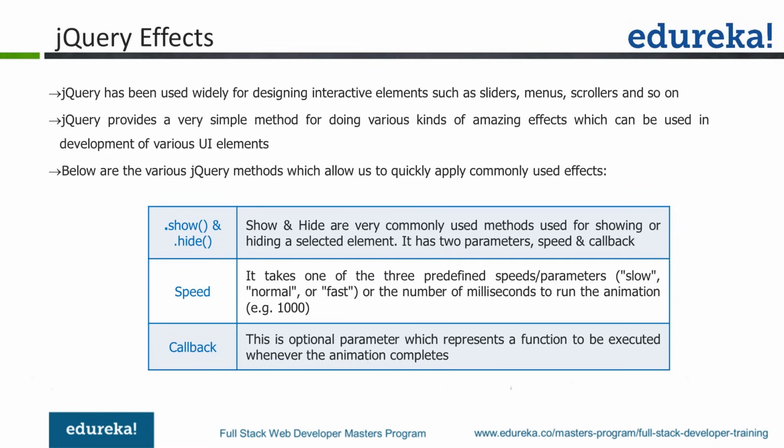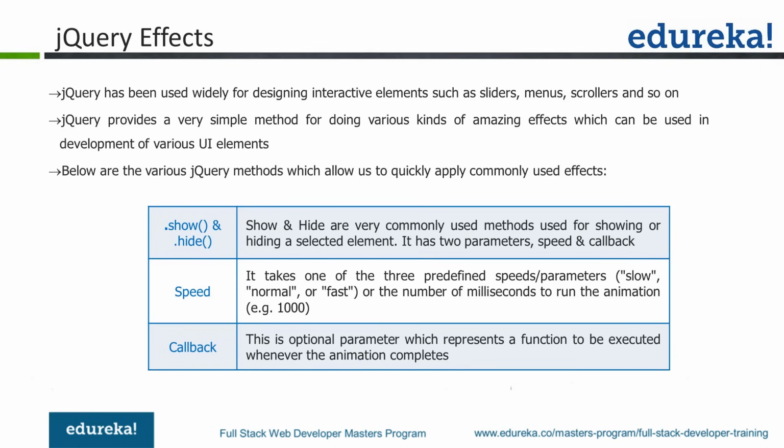Coming back, jQuery also provides us with a bunch of effects such as show and hide, which are used for showing or hiding the DOM elements. Of course you can remove elements, you can add elements, you can also show and hide them. This is very commonly used, and these are essentially functions that take two parameters.